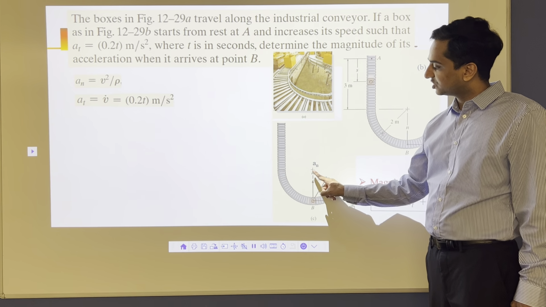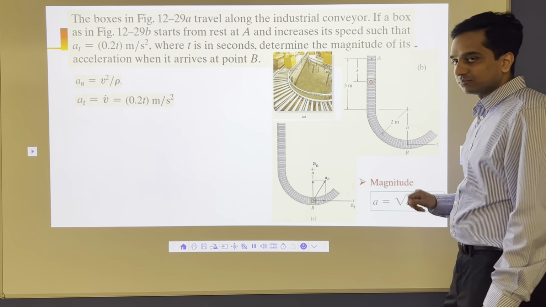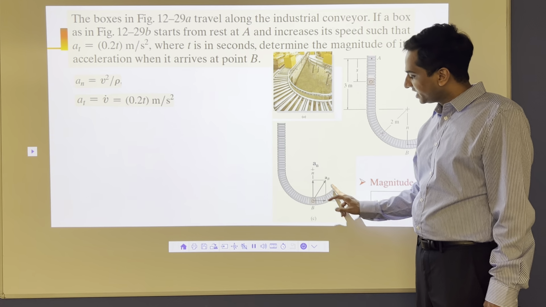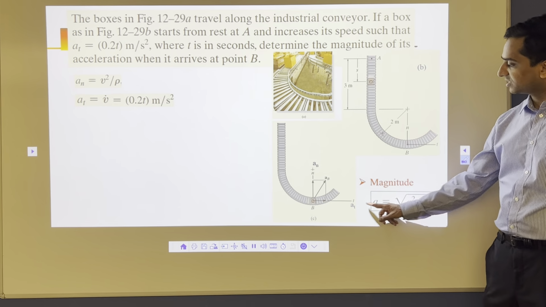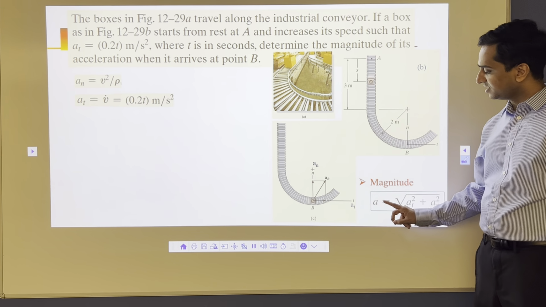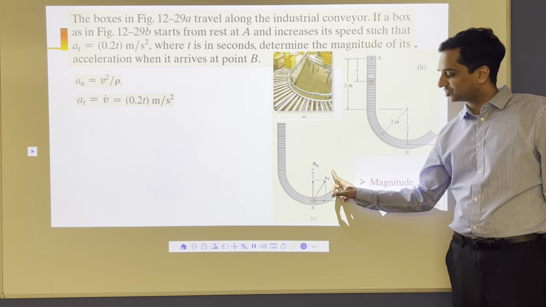One normal acceleration towards the center, and one tangential acceleration tangent to the curve. If I can find the values of aT and aN, I can find its acceleration. We have to figure out what is aT, what is aN, and then we can calculate the magnitude of acceleration.